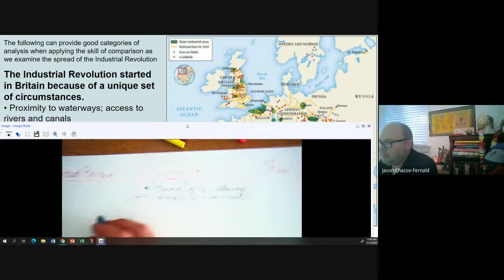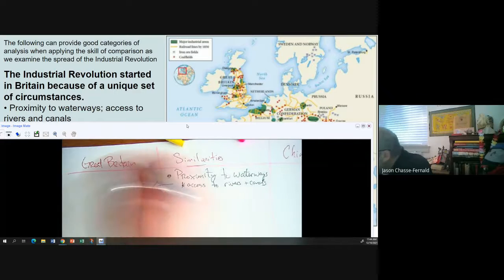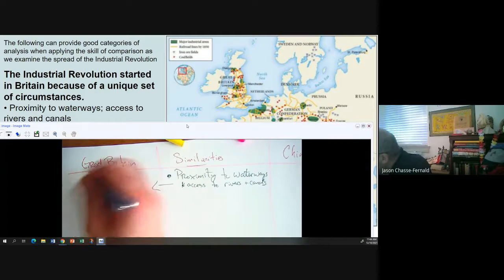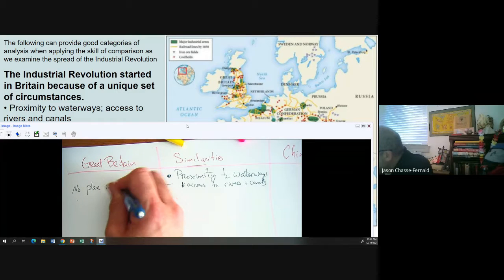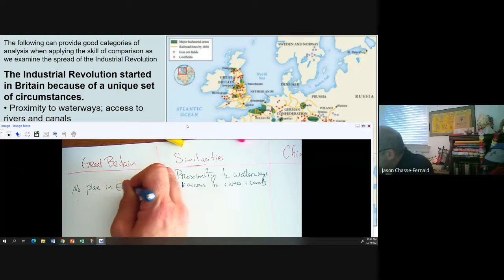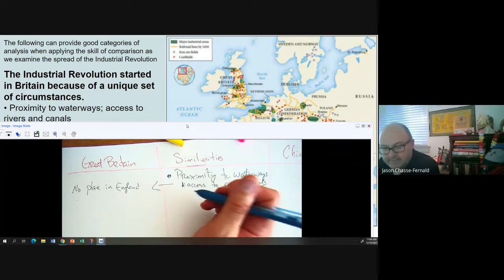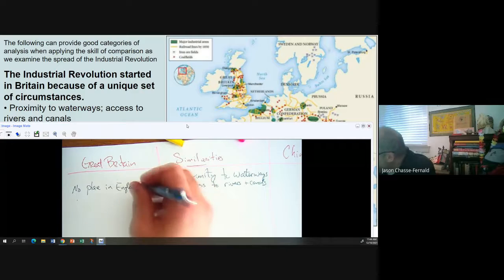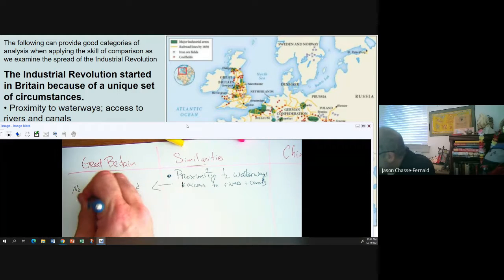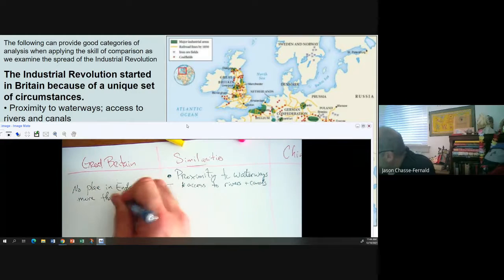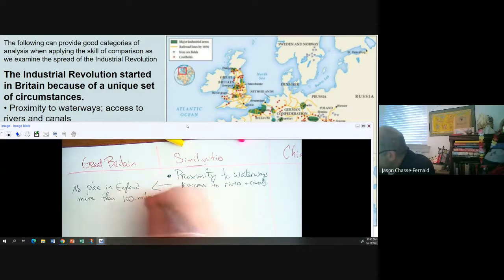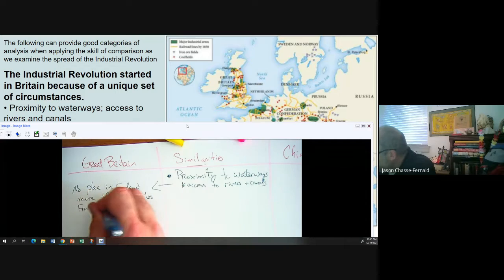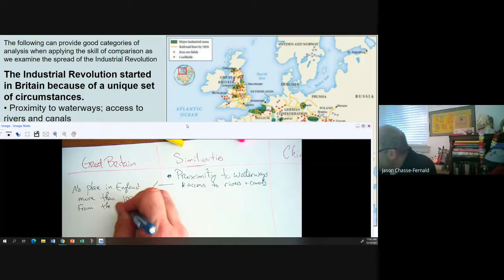We know that there really is no place in England, and definitely not in other parts of the United Kingdom, no place in England more than about 100 miles from the coast.